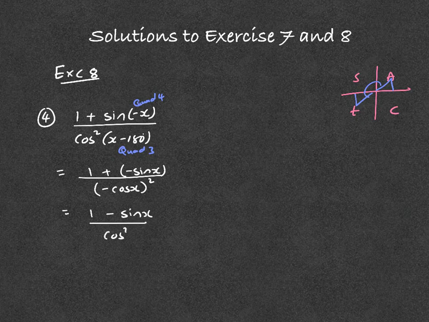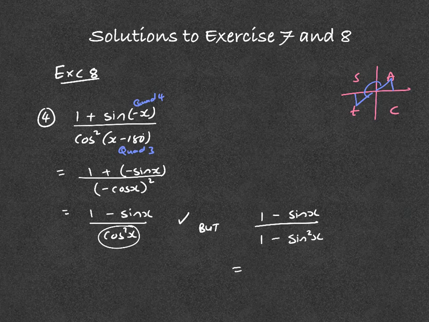I'll be happy with that answer for now, but I just want to show you as well. We're going to do identities a bit later, but we can write cos squared x as 1 minus sine squared x. Remember, 1 minus sine squared x is equal to cos squared x. So it's 1 minus sine x over 1 minus sine squared x. And then 1 minus sine squared x, we can write as 1 plus sine x times 1 minus sine x.